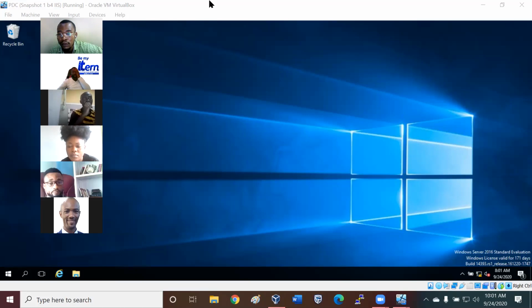For example, the part of making our Windows server our web server as well.